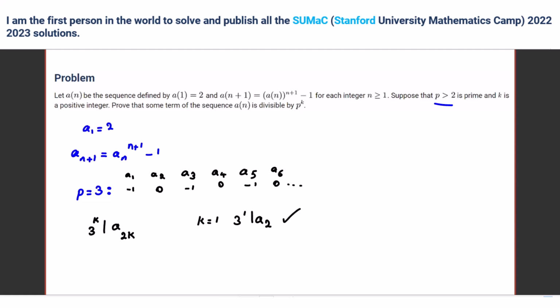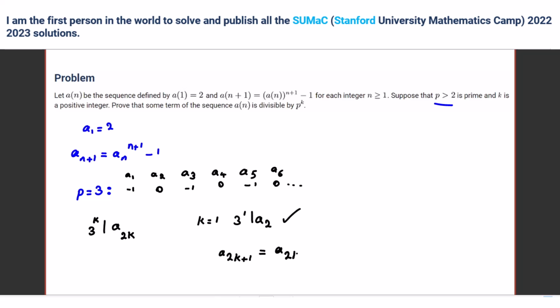Now, what is a of 2k plus 1 mod 3 to the k plus 1? Because it's going to be minus 1 mod 3 to the k plus 1. You are calculating a of 2k plus 1? Yeah, equals minus 1 mod 3 to the k plus 1. Okay, let me check.